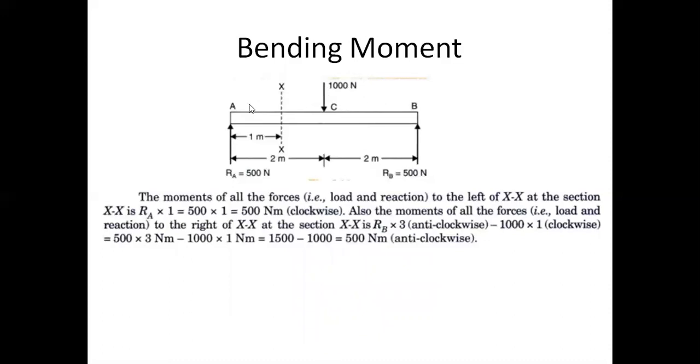The force into the perpendicular distance from A, not displacement. That means the force is 1000 newtons and the distance is AC. AC is 2 meters. 2 into 1000 will be 2000 newton meters. That is the moment the 1000 newton force creates about point A.